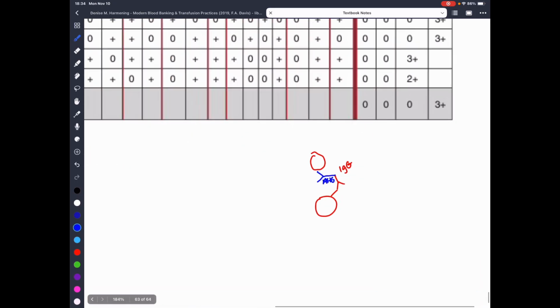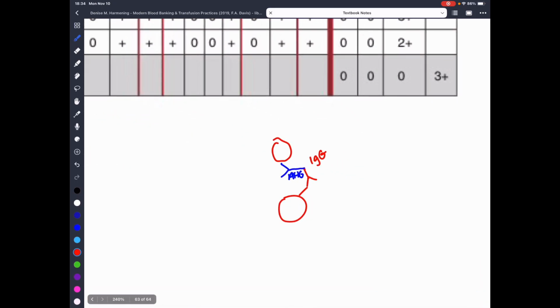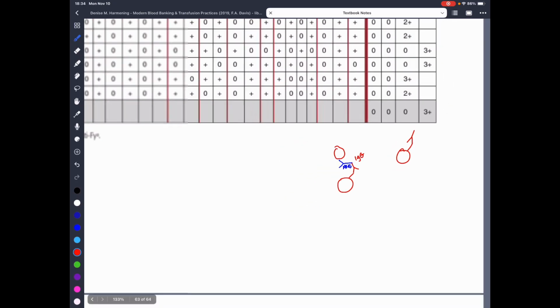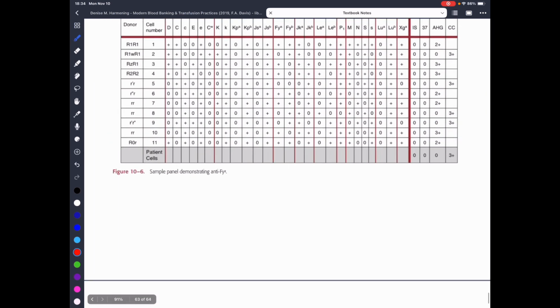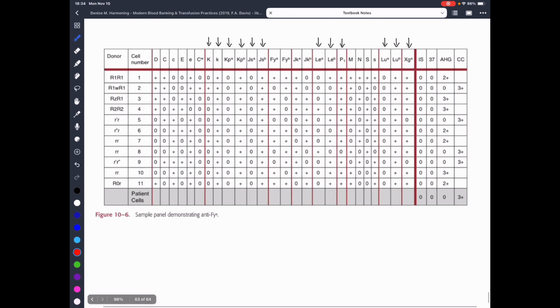So without the AHG reagent, there would just be a bunch of red blood cells with IgG bound to them, but we wouldn't know that IgG is bound because it doesn't create agglutination. So in turn, we would get a false negative without AHG.